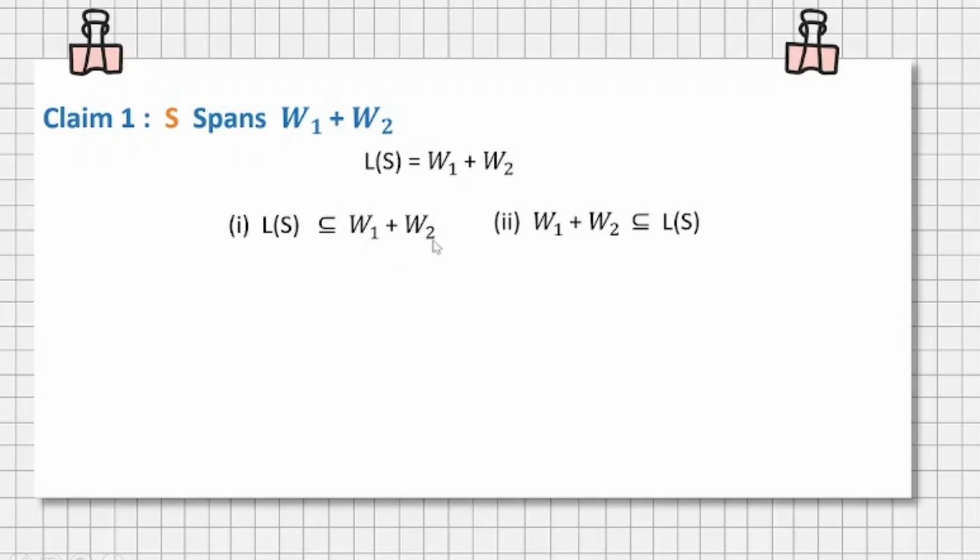Therefore, W1 plus W2 is a subspace containing S. But L of S is the smallest subspace containing S. Therefore, the first one is clearly true.